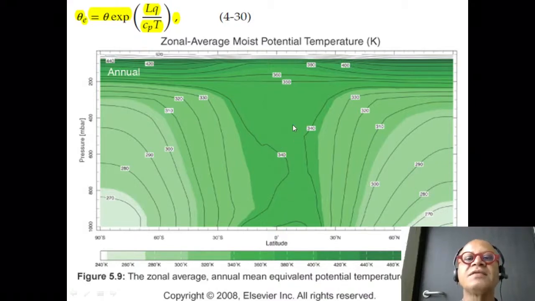You have a fairly well mixed atmosphere in terms of moist potential temperature, and the rest of it looks somewhat like dry potential temperature, but is slightly different. But they have to be similar because when you get completely dry air, they are the same. So theta E is conserved for both dry and moist processes, and theta is only conserved for dry processes.